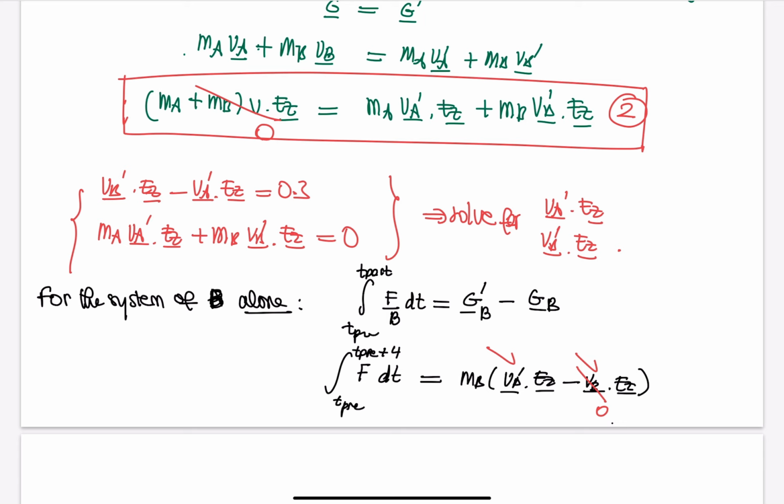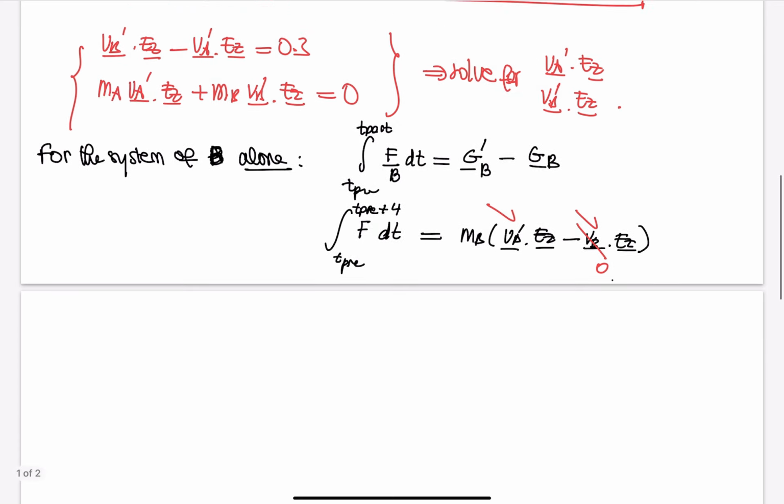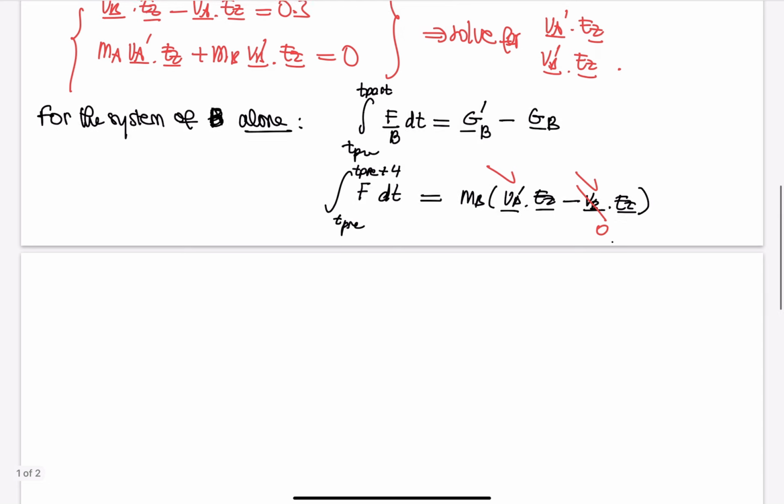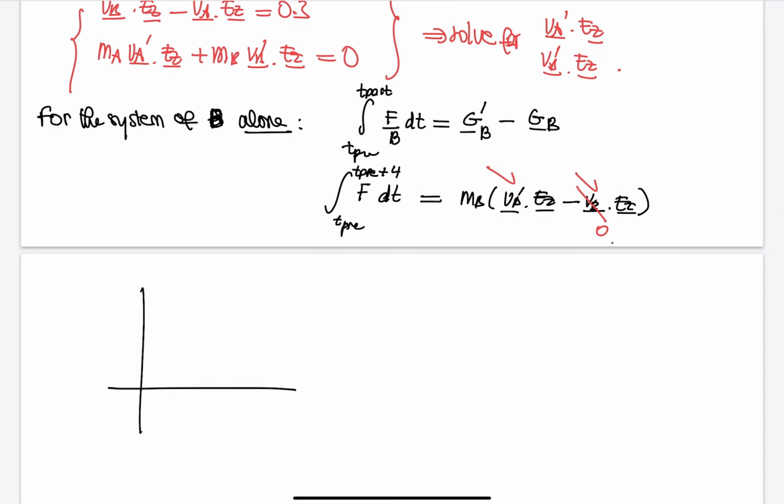But really they're asking for the average force during ejection. So if I think about this magnitude F in time, I have t pre when ejection starts and t post, and during this interval, if I plot F, it's varying in time, right? Maybe I'll draw a simpler curve.